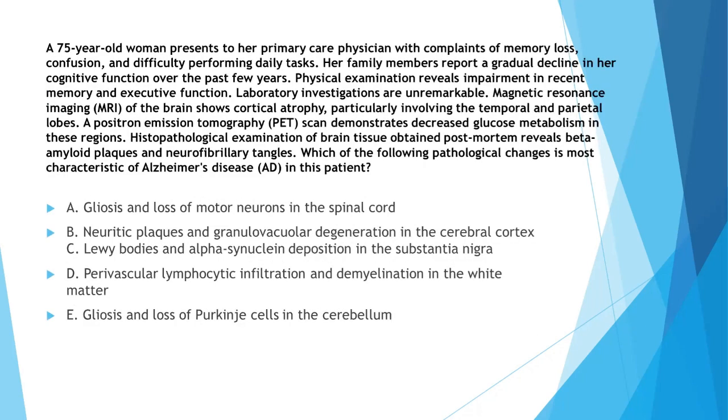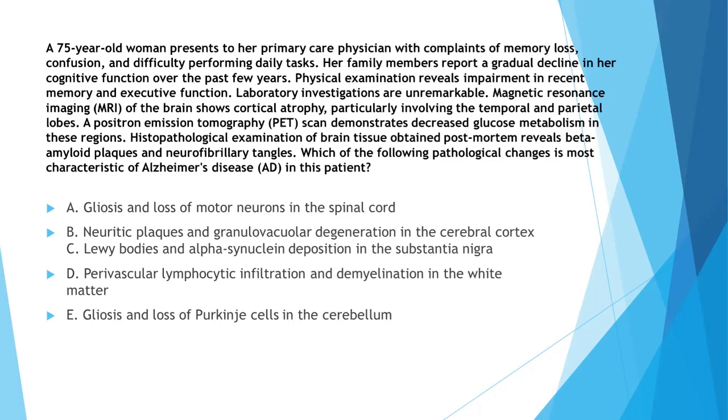So, when I talk about Alzheimer's disease now, which of the following pathological changes is characteristic of Alzheimer's disease in this patient? A 75-year-old woman presents to her primary care physician with complaints of memory loss, confusion, and difficulty performing daily tasks. Her family members report a gradual decline in her cognitive function over the past few years. Physical examination reveals impairment in recent memory and executive function.